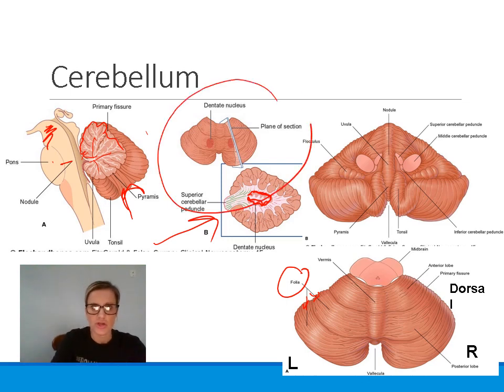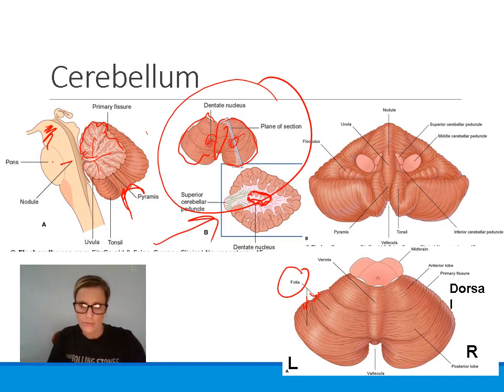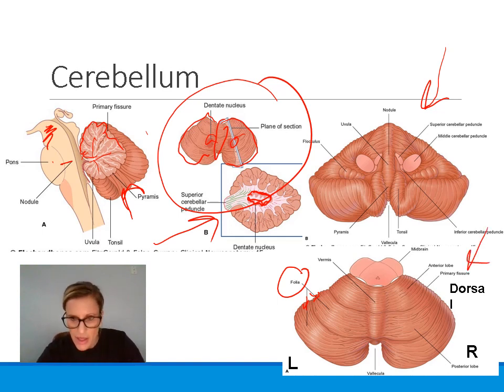You can see in this picture here, we have the two cerebellar hemispheres or halves. In the center is the vermis, and then you can see the dentate nucleus on either side. In this picture here, you can see it better at the bottom, the vermis, or this band of cortex that goes down the center of the cerebellum.